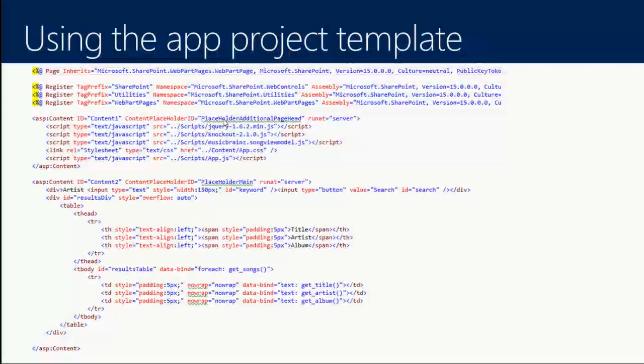If you just use the app project template in Visual Studio and you just say, give me a new SharePoint hosted app, then it makes for you an ASPX page that already is going to take on characteristics of the host web. Okay? So this is the big no-brainer right here. If you just use the project template in 2012, you'll be okay. Now this uses ASPX pages.